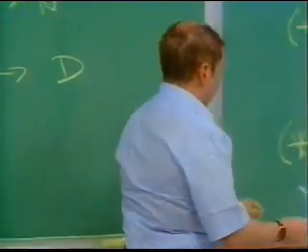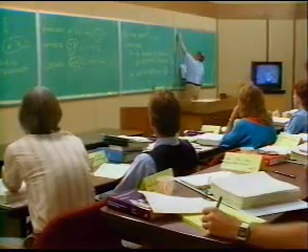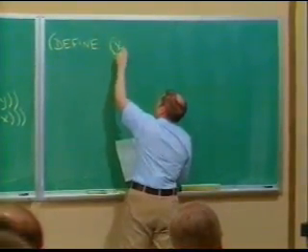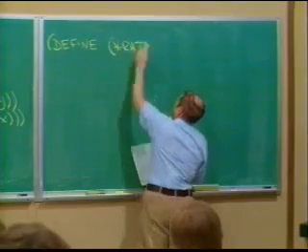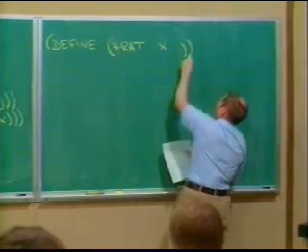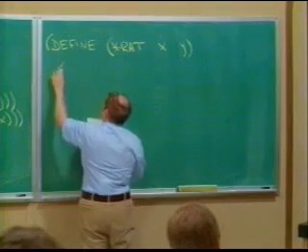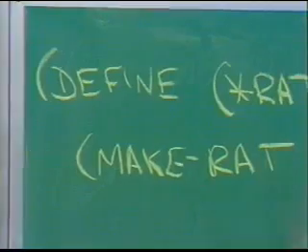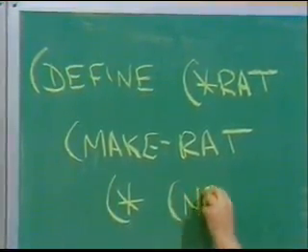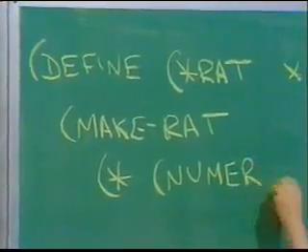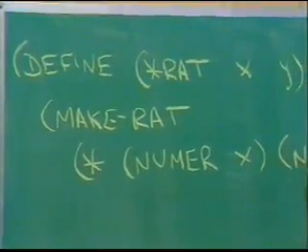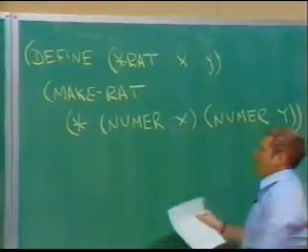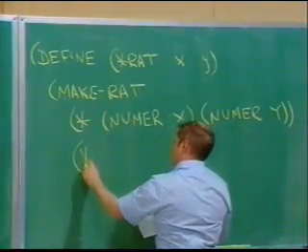And of course, we can do multiplication in the same way. I define how to get the product of 2 rational numbers. Call it star rat. It takes in 2 of these clouds, x and y, and returns a rational number, makeRat, whose numerator is the product of the numerators, numerator of x times the numerator of y, and the denominator of the thing it's going to return is the product of the denominators.